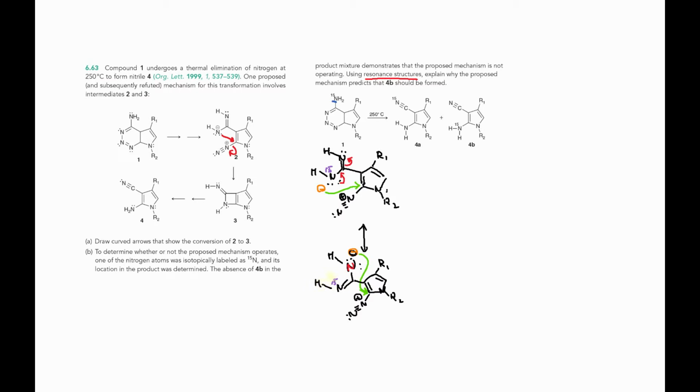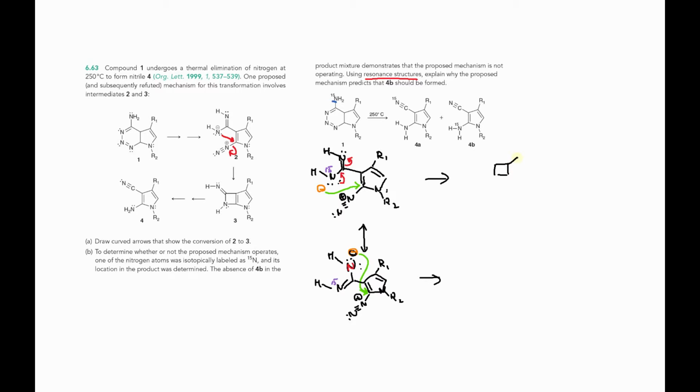Since these structures are so similar, we expect the probability of either having 4A and 4B, meaning the location of the nitrogen either on top or bottom, to be about 50%. And if I draw it now, I'm going to get the compound 3 structure.